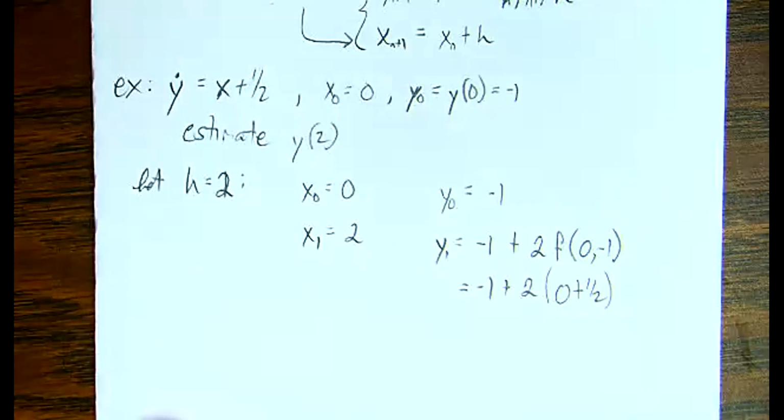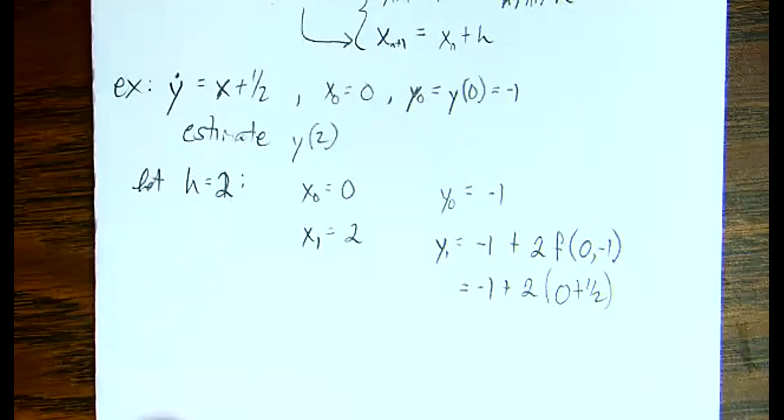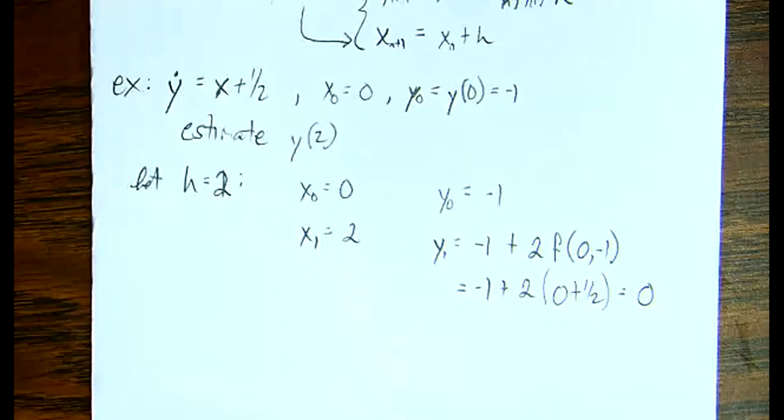Plugging in 0 for x, I get 0 plus 1/2. 0 plus 1/2 is 1/2 times 2 is 1. And so my approximation for the next y value is 0.